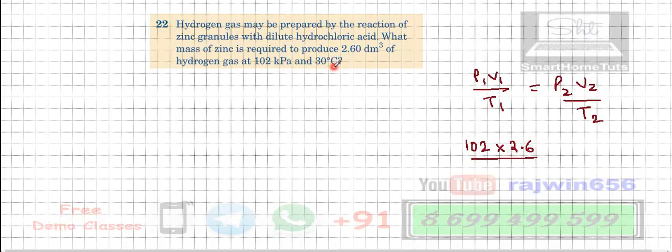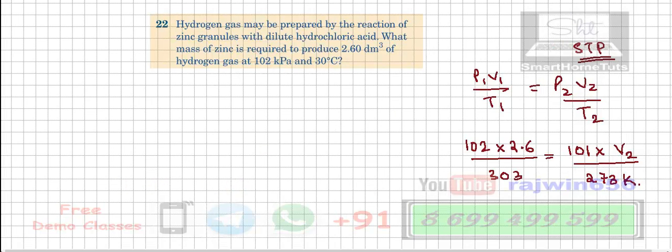Original temperature is 30 degrees Celsius plus 273, so that is 303 Kelvin. This is equal to, these are the STP conditions, so this pressure is 101 kilopascals multiplied by the volume we are going to calculate, and standard temperature 0 degrees Celsius plus 273, so this is 273 Kelvin.